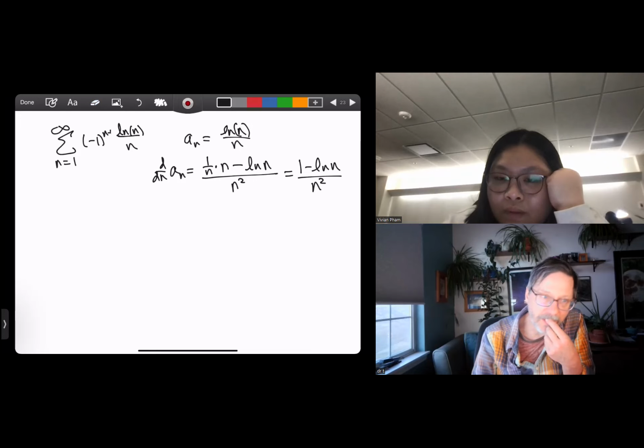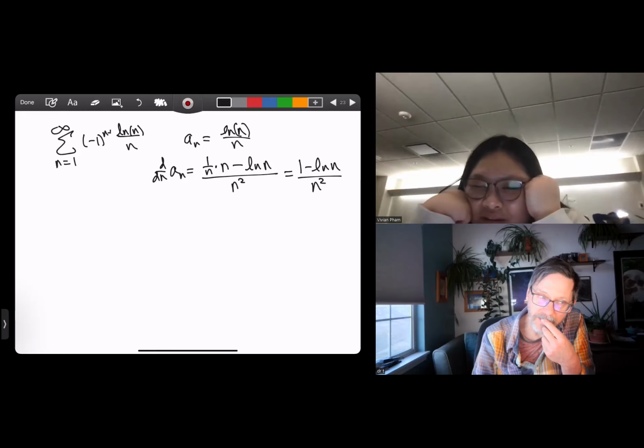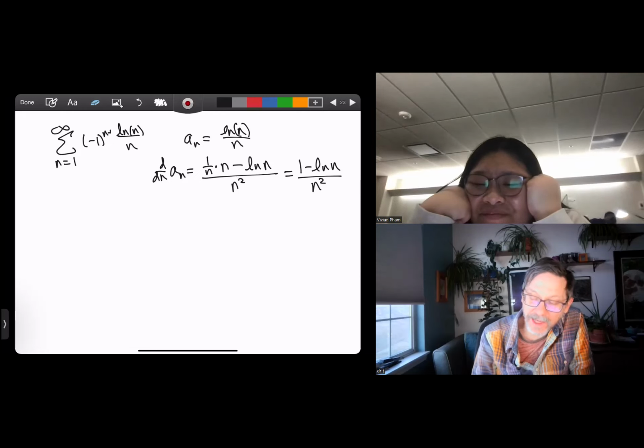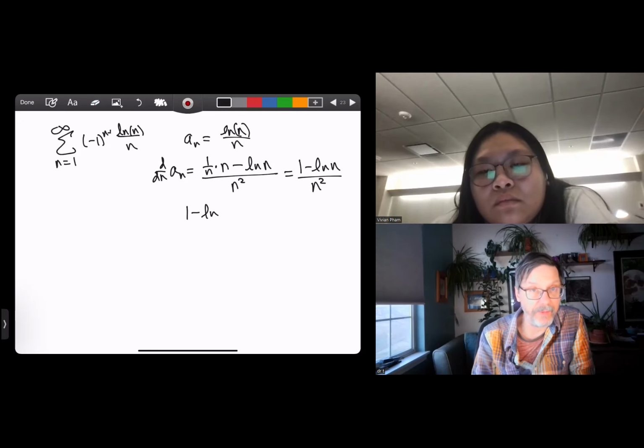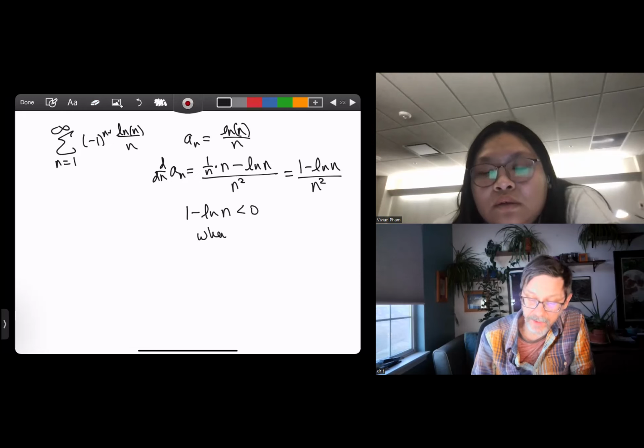Yep. So I think that whole thing would be negative. It's negative when the top is negative. The bottom's always positive, but the top is going to be negative when the natural log of n is bigger than 1.